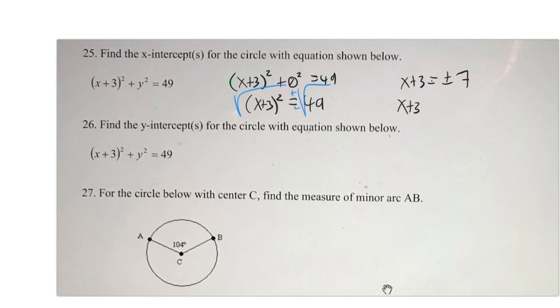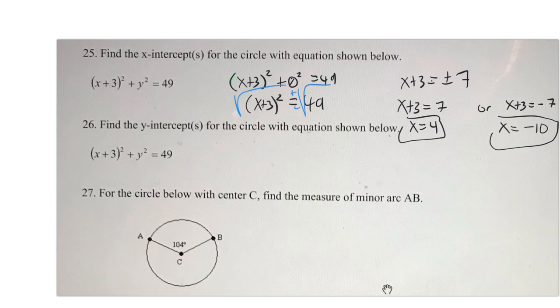So you could say that it's either x plus 3 equals positive 7 or x plus 3 equals negative 7. X, therefore, equals 4 over here, and x equals negative 10 over here. So the x-intercepts, in other words, the places where the circle crosses the x-axis, are (4, 0) and (negative 10, 0). The y-coordinates of x-intercepts are always 0.